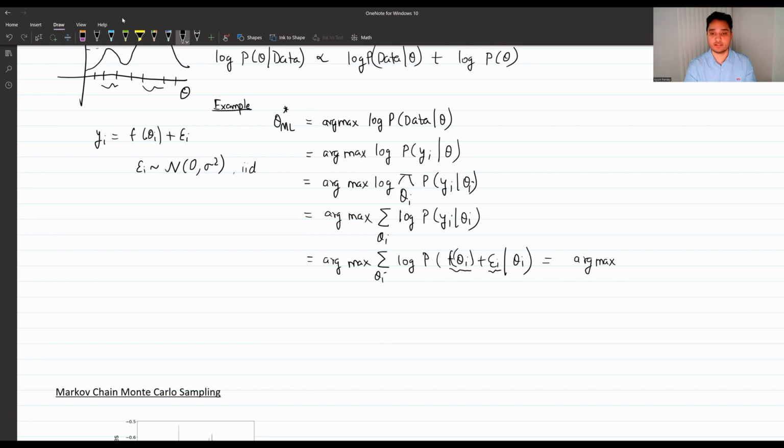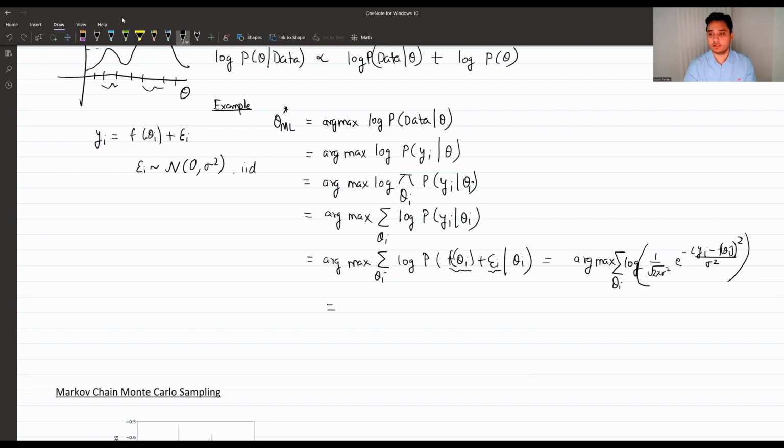So we have argmax over, and since we have log, I'm going to simplify this a little bit by writing log of 1 over 2 pi sigma squared e to the power of minus, what is epsilon_i? y_i minus f(theta_i) squared divided by sigma squared. That's the probability of epsilon_i, and that's how we can write this. And this will still be summed over all theta_i.